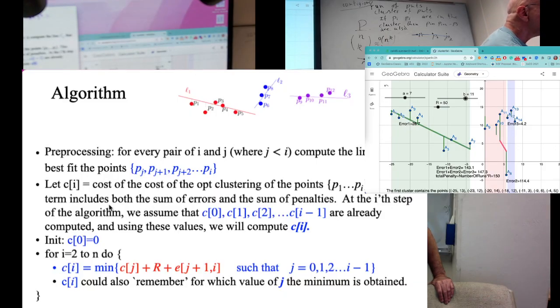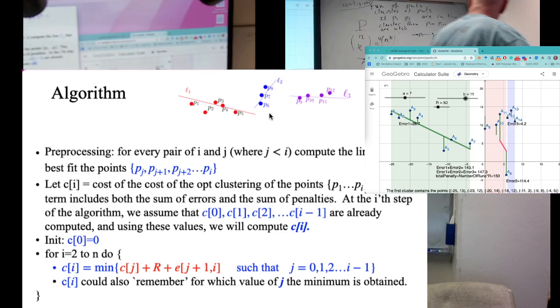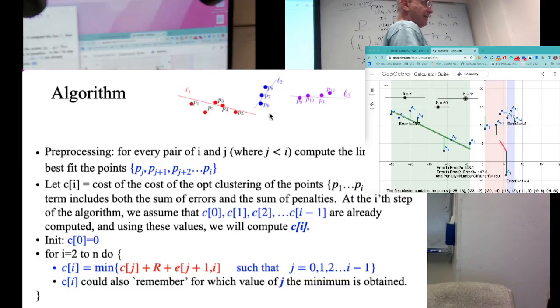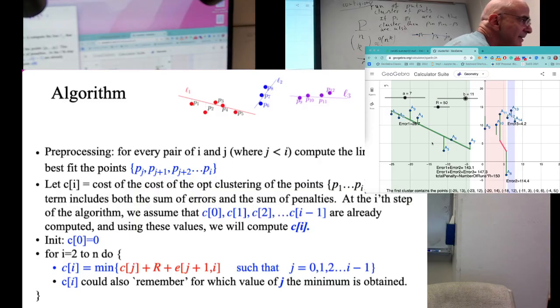That is, this term includes the sum of errors, the vertical distances of the points to the line.